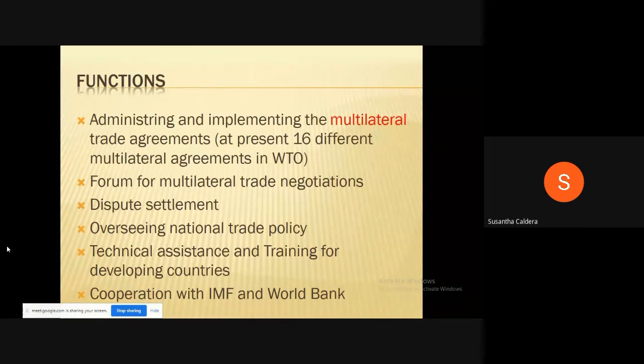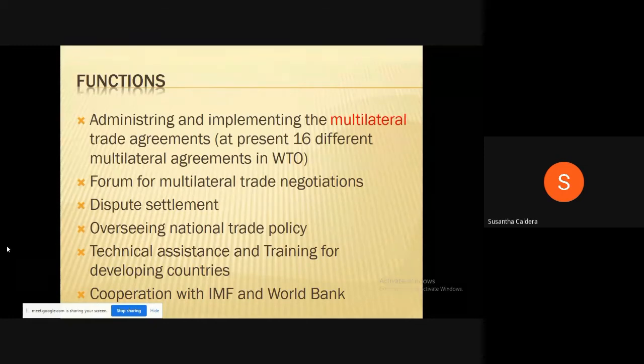The functions of the World Trade Organization: administering and implementing the multilateral trade agreements. At present, there are 16 different multilateral trade agreements in the WTO.